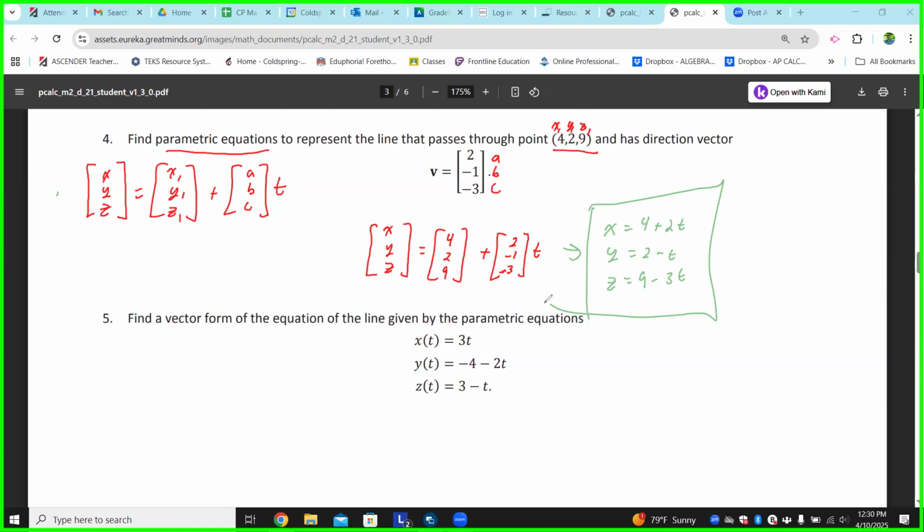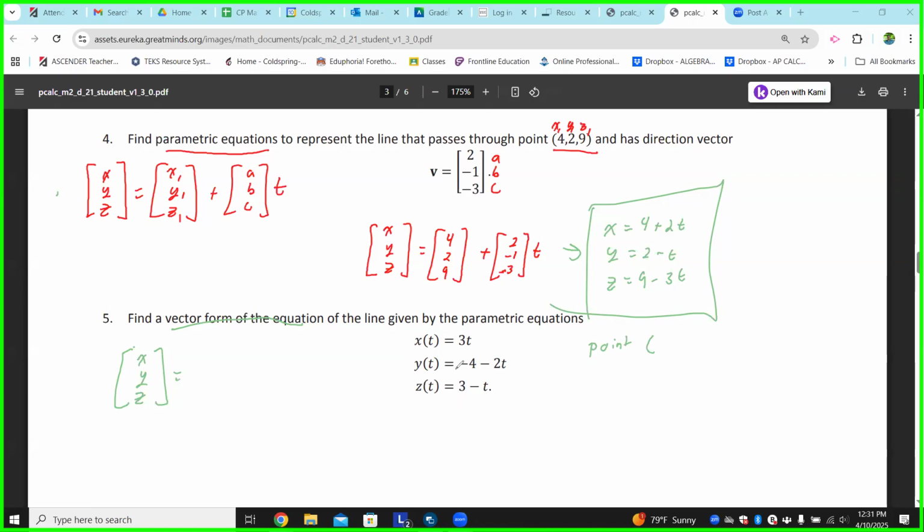All right. Now, from that, you also have to be able to go from this back to, I believe it's this form. So I got to go backwards. All right. So for a vector form equation, that would be these vectors here. It's going to simply be this. So it's going to be, again, using this equation, x, y, z. To find the coordinates, the point here is going to be the numbers that basically don't have a t attached.